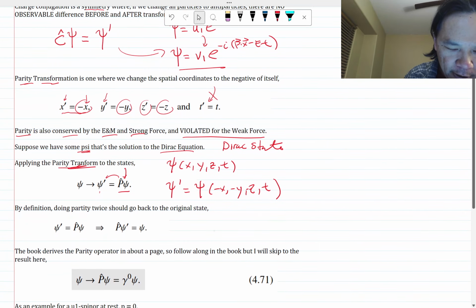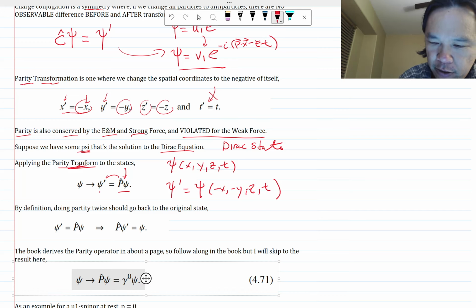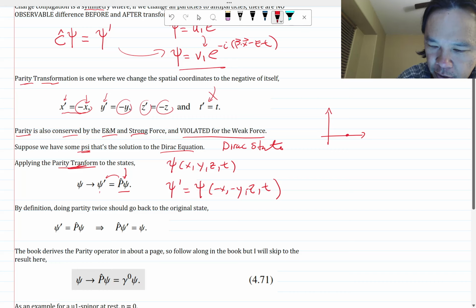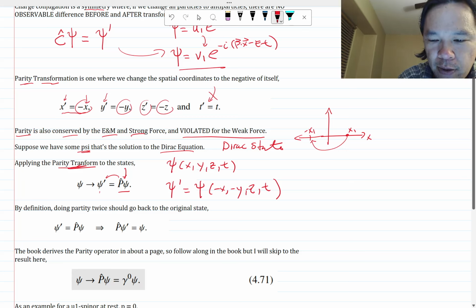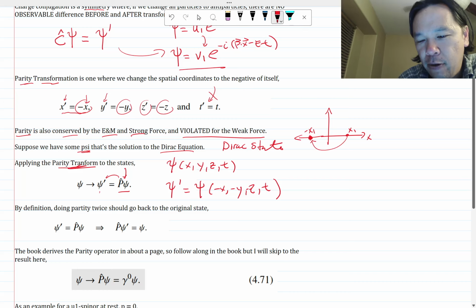There's one more interesting thing about the parity operation. Let's just do a one-dimensional example. Let's say I have some x coordinate here, x1. The parity operation flips it to negative x1, over here. Whatever state we were describing here flips to negative on that side.